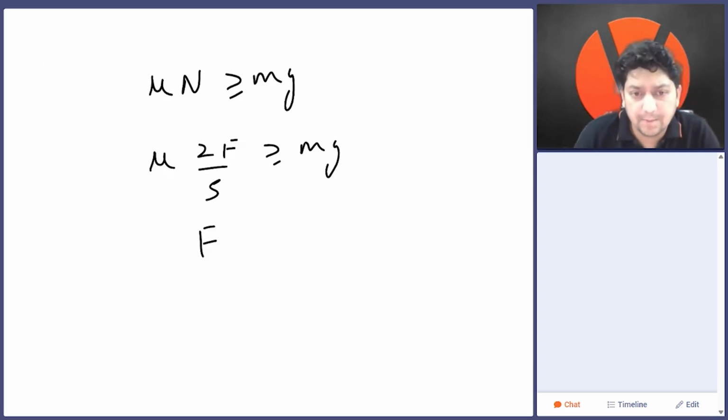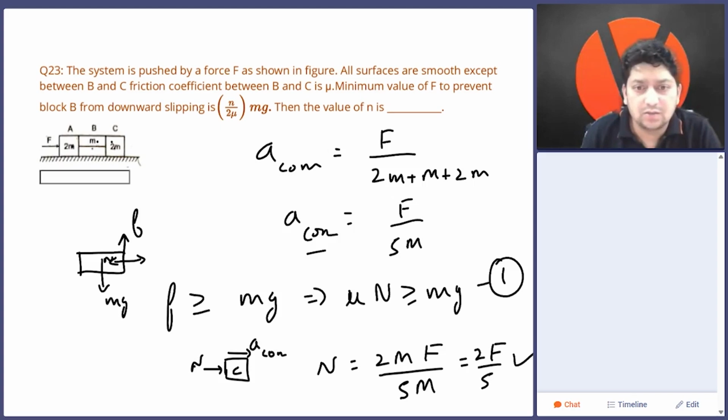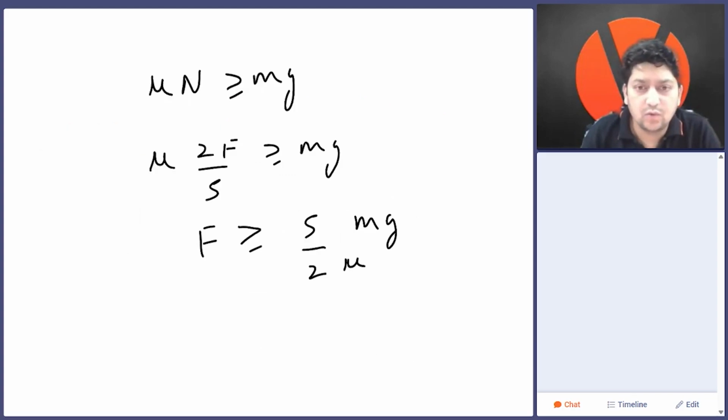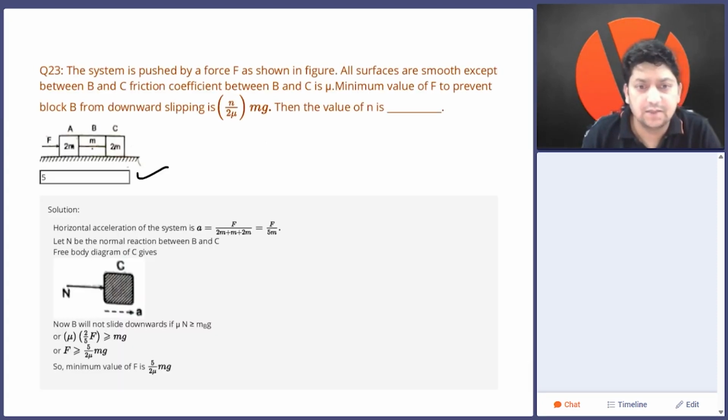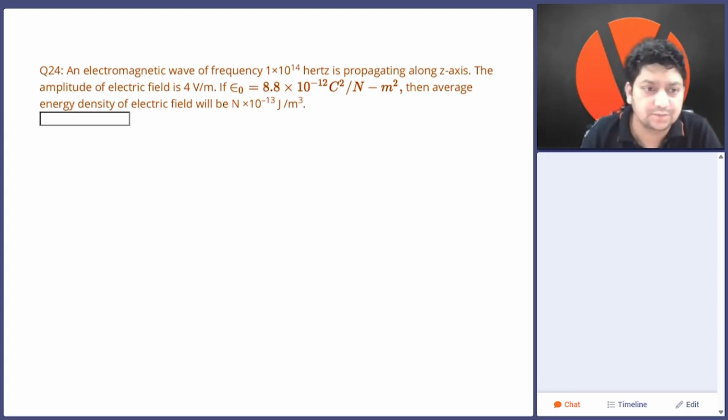F is greater than or equal to 5 by 2 mu mg. So comparing it with n over 2 mu mg, the value of n is 5. So 5 will be the correct answer. Yes, 5 is the correct answer.